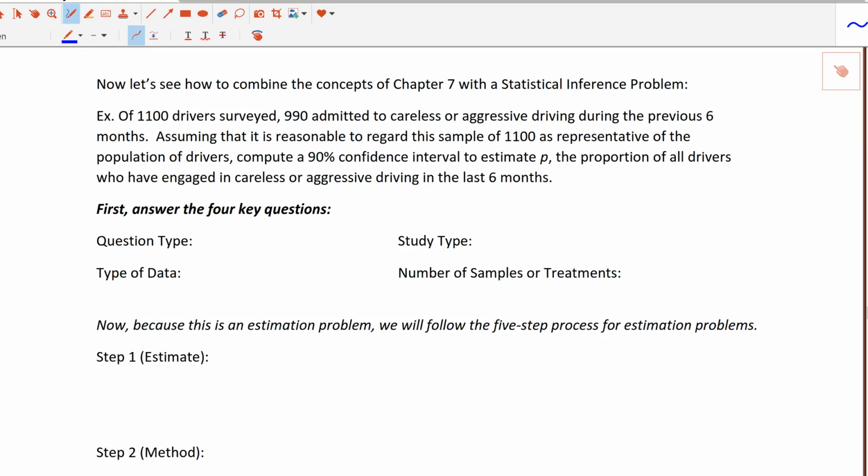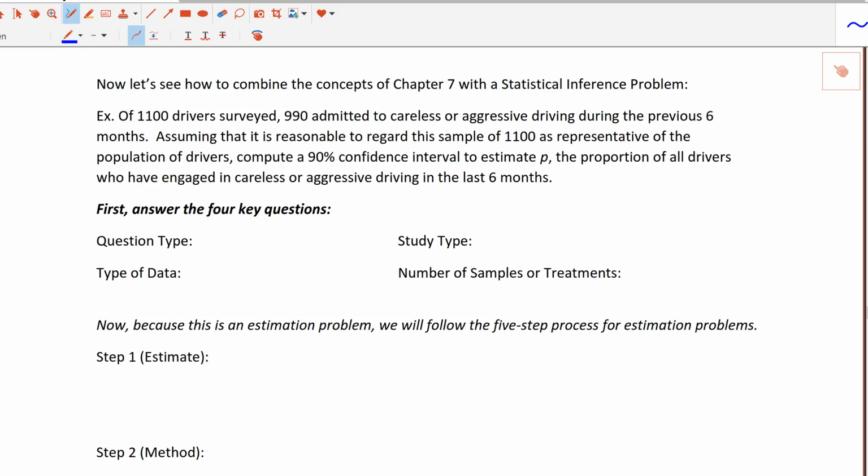Assuming that it is reasonable to regard the sample of 1,100 as representative of the population of drivers, we want to compute a 90% confidence interval to estimate P, the proportion of all drivers who have engaged in careless or aggressive driving in the last 6 months.